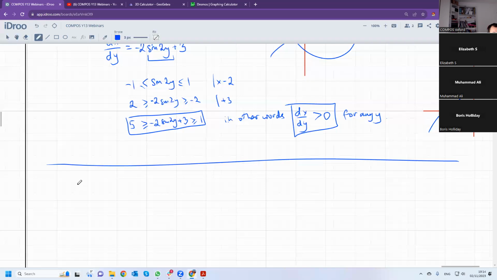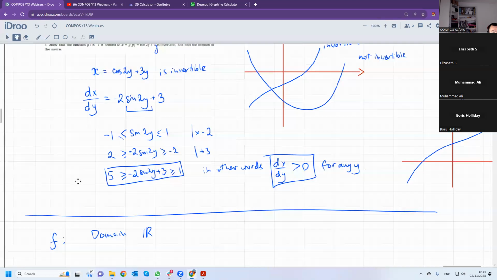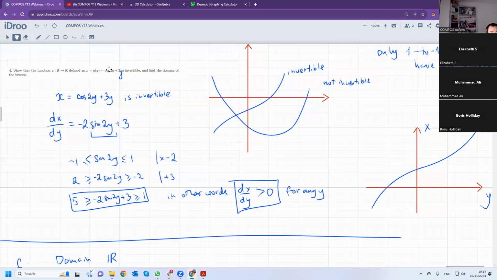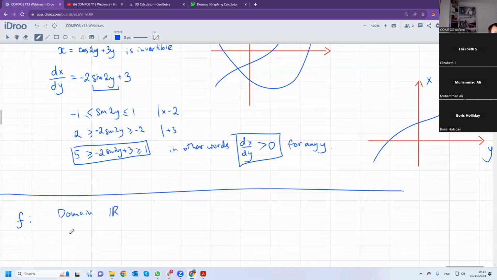Well, we know that if you have a function, the domain is R. And this function is a constantly increasing function. It's like this. So the range is also R, all real numbers. And for the inverse function, the domain matches the range of the original function.